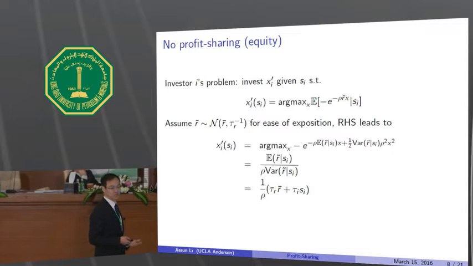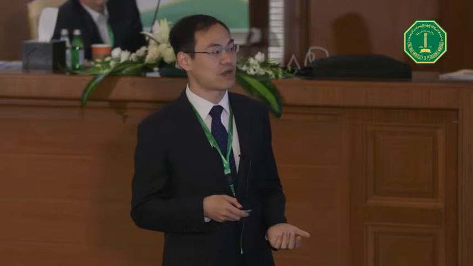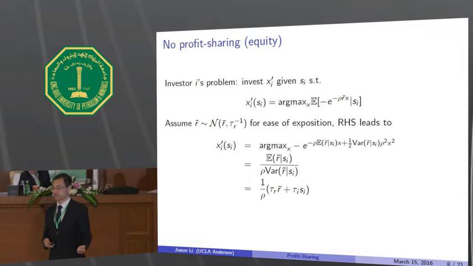This is a very familiar conjugate normal setup, and we can immediately show that the optimal investment strategy function is a linear combination of the unbiased mean of R tilde and my private signal. So if my private signal is higher, I'm going to invest more aggressively. Or if my private information is more precise, I'm also going to invest more aggressively.